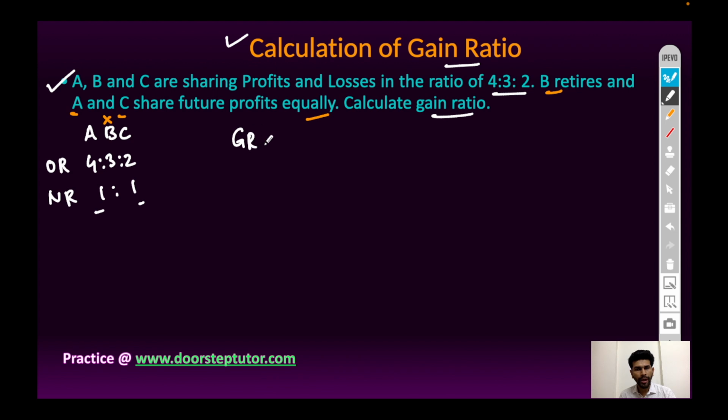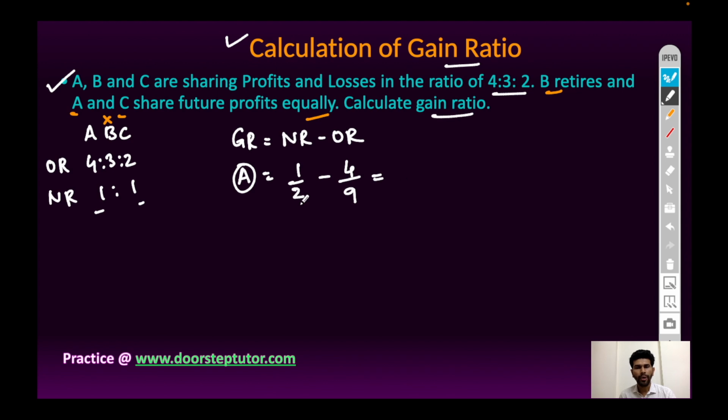We know the formula: gain ratio equals new ratio minus old ratio. So gain ratio for Mr. A will be new ratio, that is 1 by 2, minus old ratio, 4 plus 3 plus 2 is 9, so 4 divided by 9.